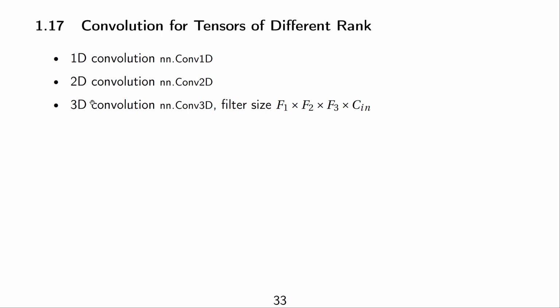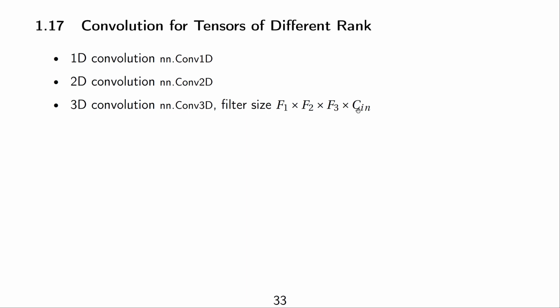So what I wanted to note here is that the filters then have 3 values to describe the spatial extent. So let's say this is the x, y, z extent of the filter. And then we also have the number of input channels of the input tensor.